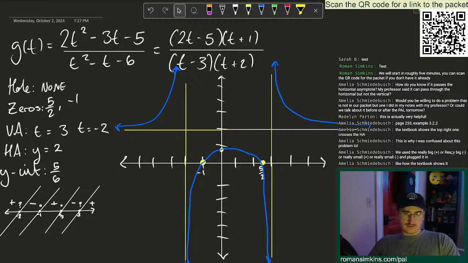Like how the textbook shows it. It approaches... but the thing that I find interesting is what tips us off that there's an intersection at that point.